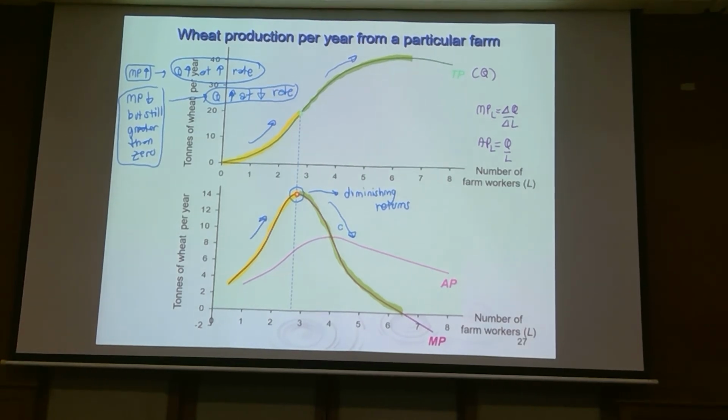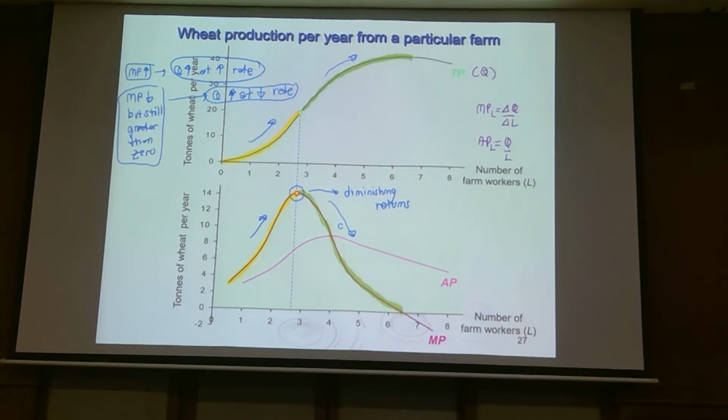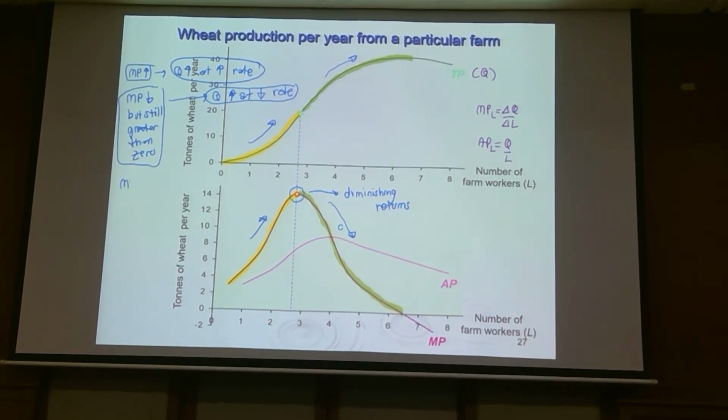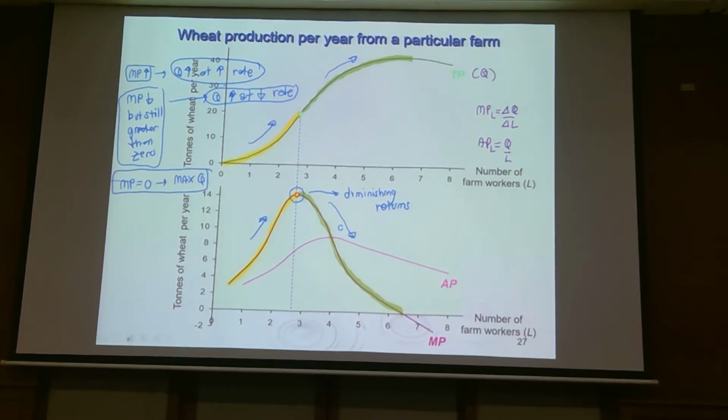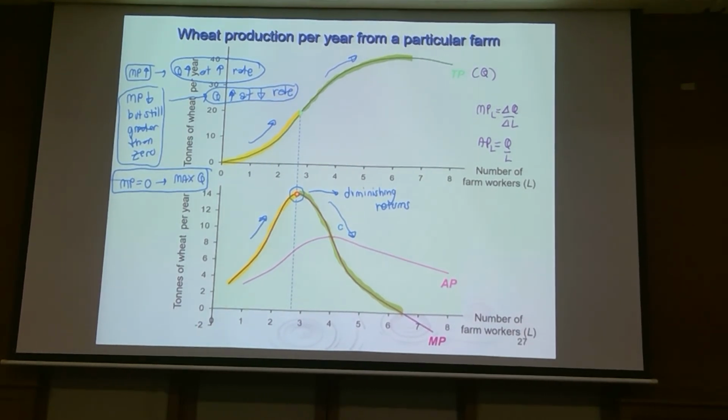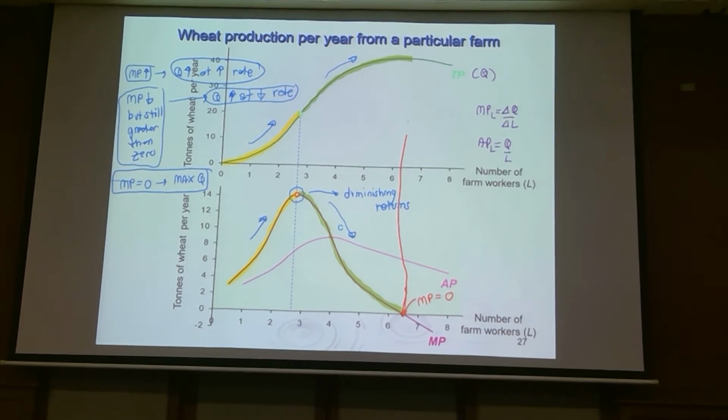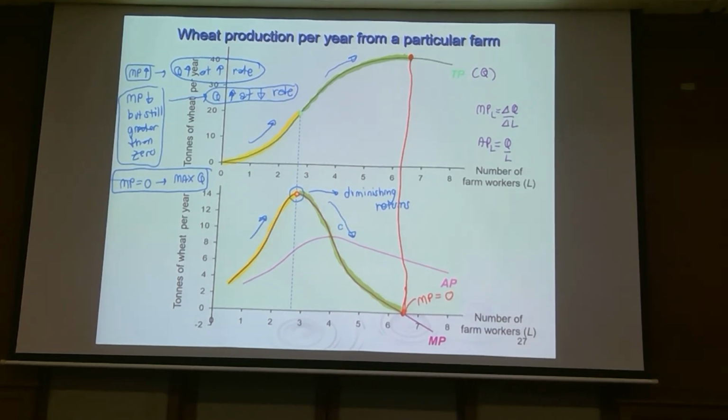Okay? Then what is the maximum output that we get as a result of employing the labor? We say that is when the marginal product is 0. That's the maximum Q that we are able to get as a result of employment. Here, when marginal product is 0, somewhere there, that is actually the maximum amount of output that you'll be able to get as a result of employing the labor.